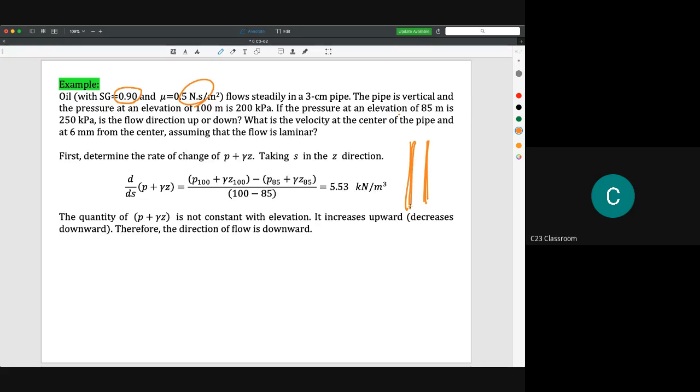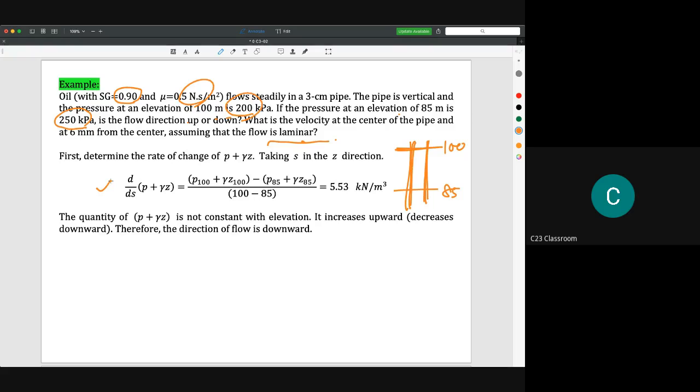The pressure at elevation 100 is 200 kilopascal, and the pressure at elevation 85 is 250 kilopascal. Is the flow direction up or down? They also ask what is the velocity at 6 millimeter from the center of the pipe, assuming the flow is laminar.